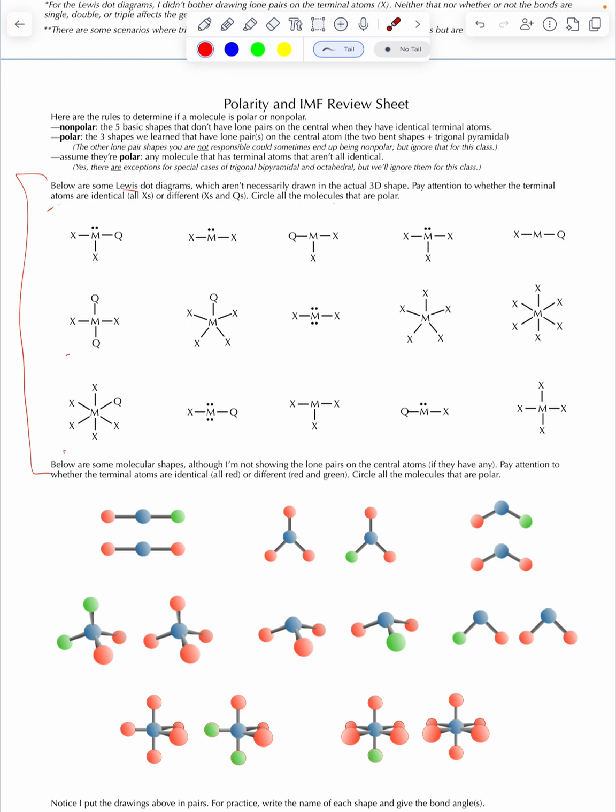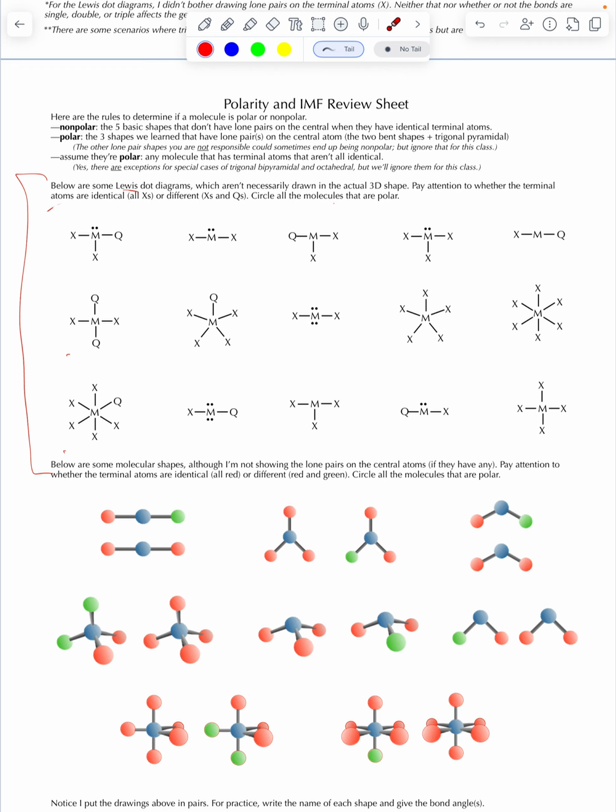Those are our guaranteed nonpolar ones. If there's a lone pair on the central atom, for our class, where we were only responsible for 3 of those lone pair shapes, automatically say it's polar. If it has different terminal atoms, mostly it's going to be polar, but I'll point out an example.